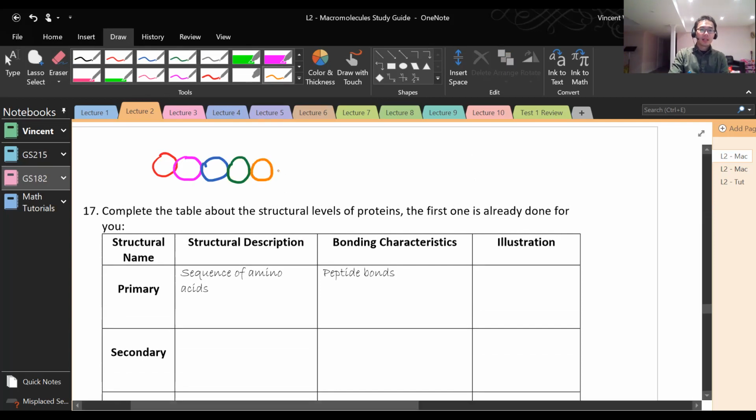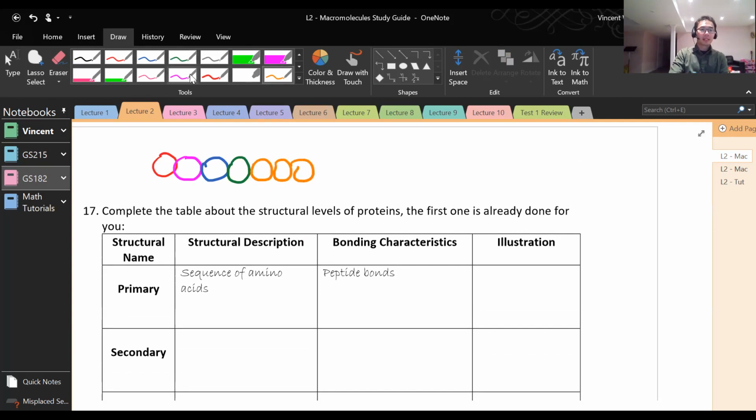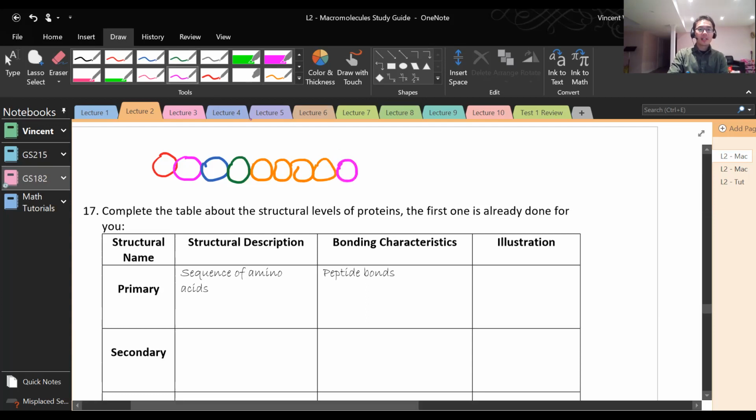It could be repeating as well. If you read the order of amino acids from one end to the other, that particular sequence is called the primary sequence.